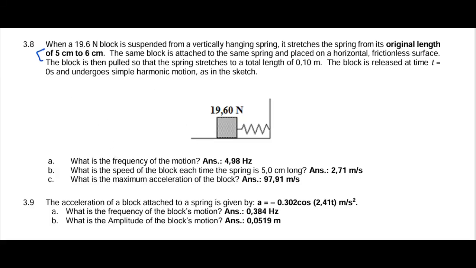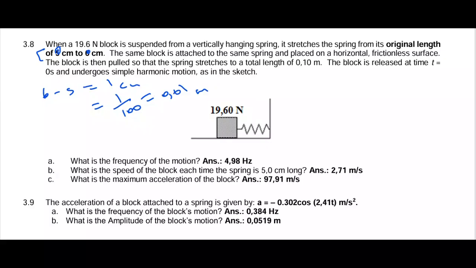So let's check this original length of 5 centimeters, which stretches to 6. The difference, 6 minus 5, is 1 centimeter, and 1 centimeter is 1 divided by 100, so that's 0.01 meter.